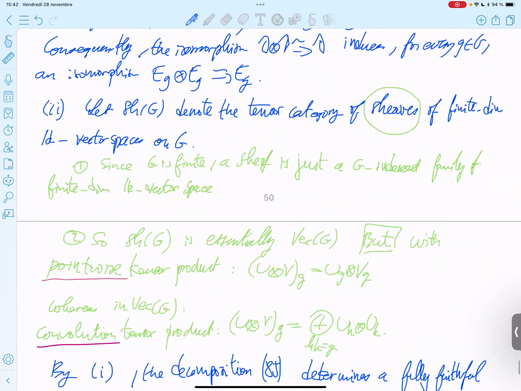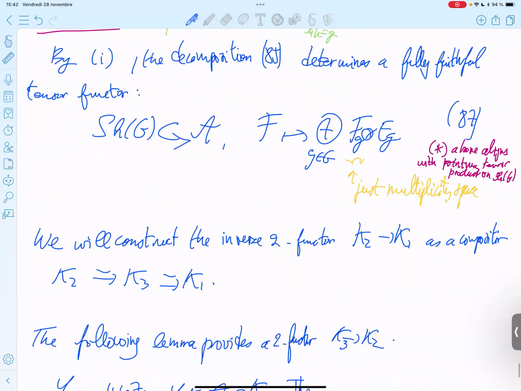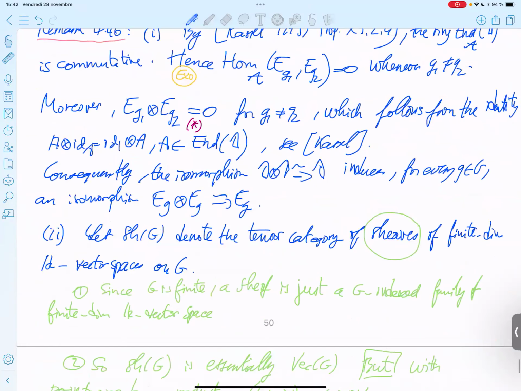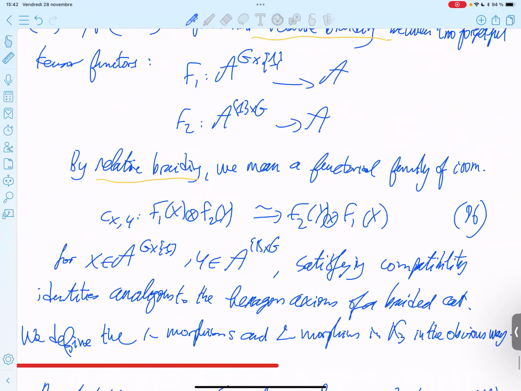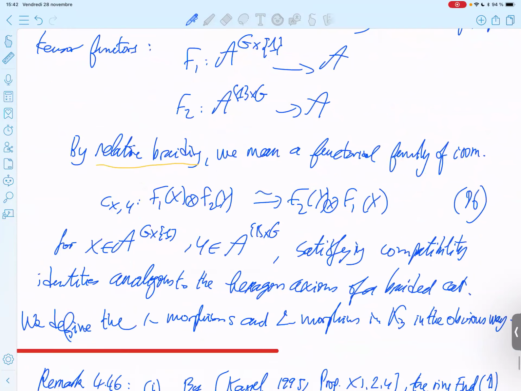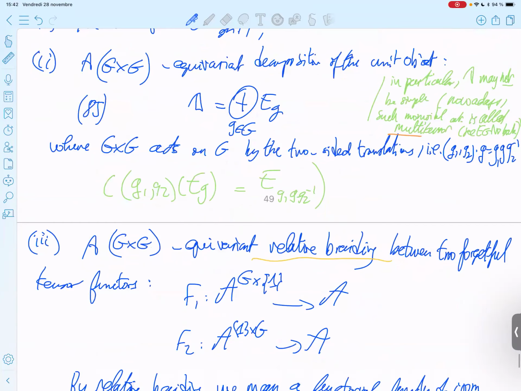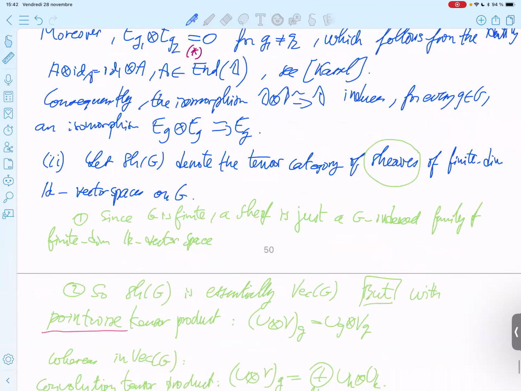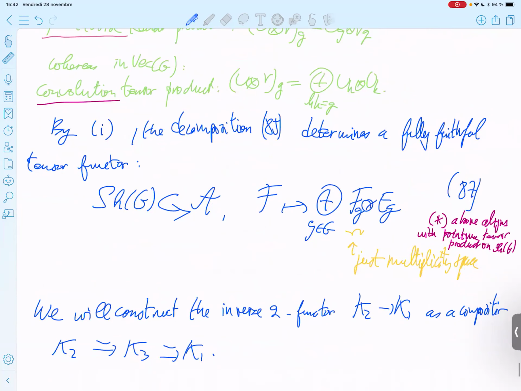Yeah, there is this kind of relative braiding, but it may not be a braiding. It is not a braiding, and it does not contain rep G. In fact, it contains sheaf G.